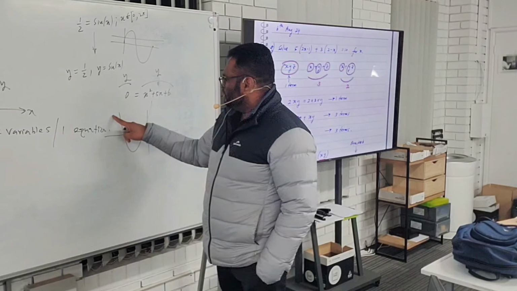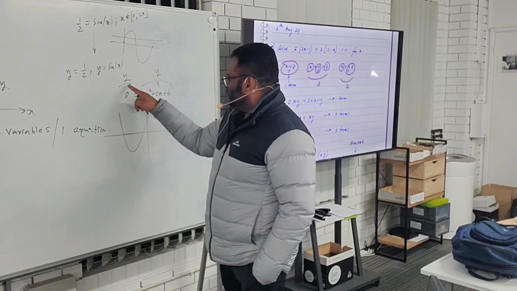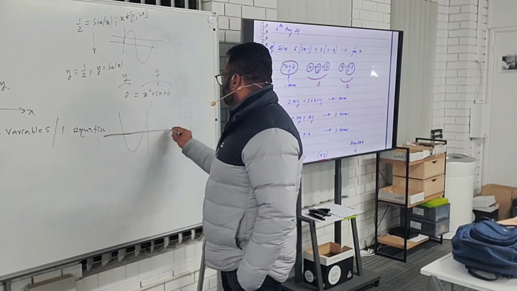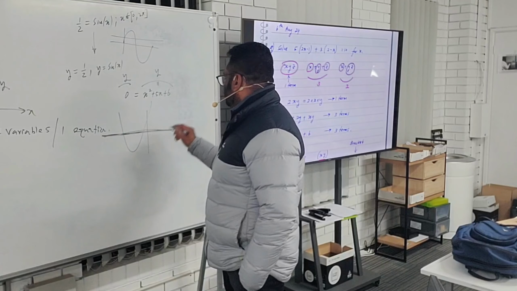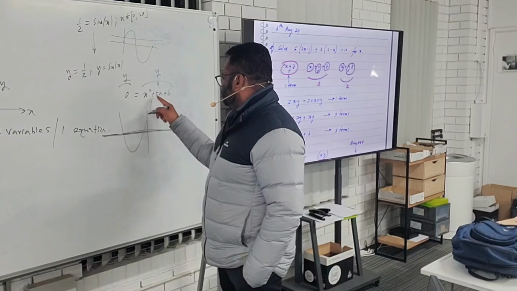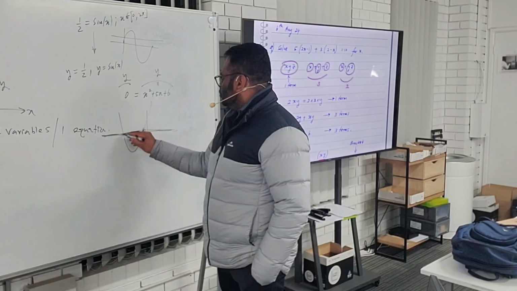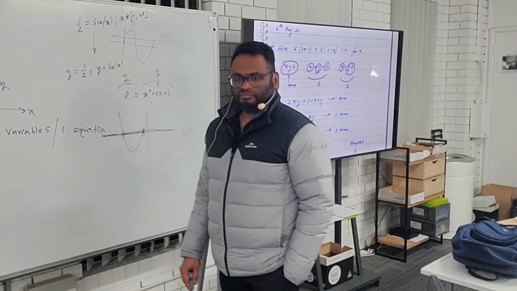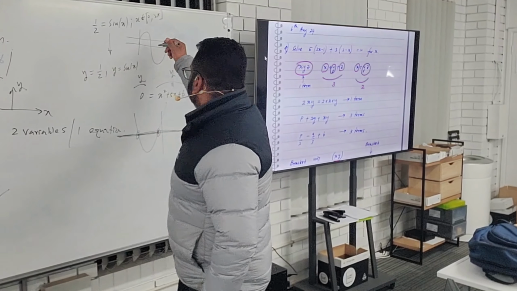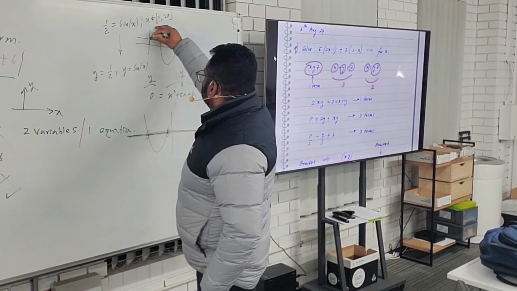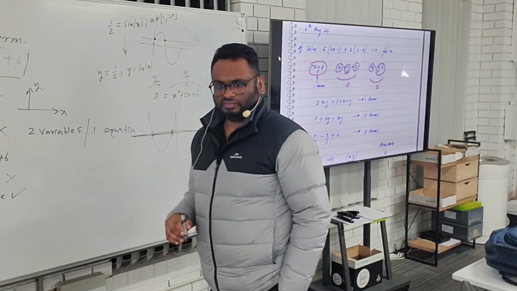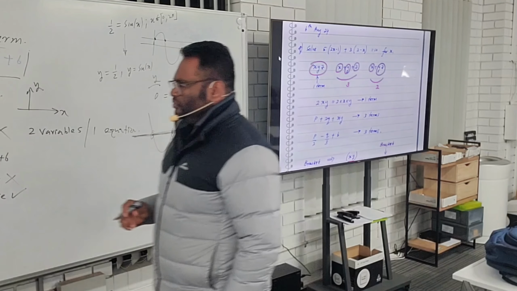So then 0 is this. So what is the answer when you solve this? These two coordinates. That's the answer. It's very similar to here: this coordinate and this coordinate. Correct? That's how you do that.